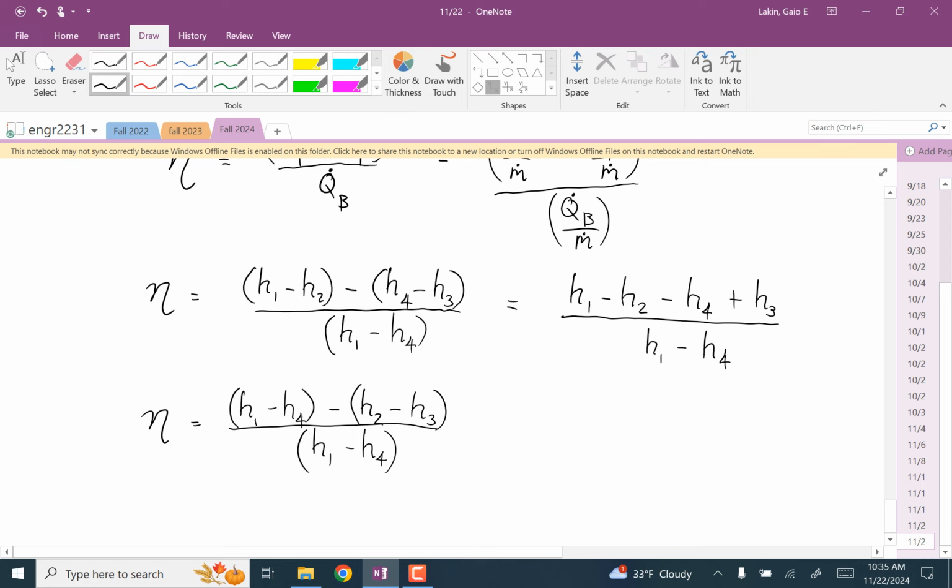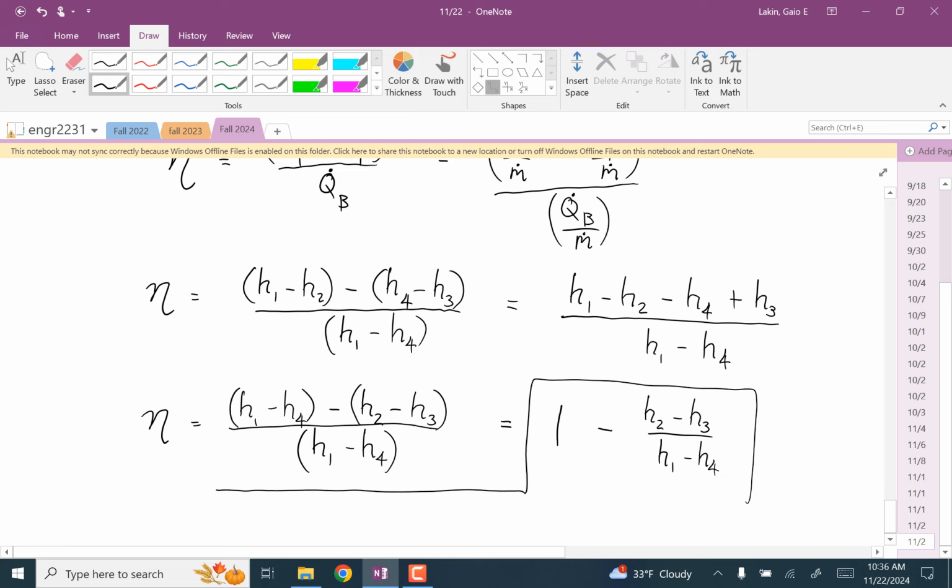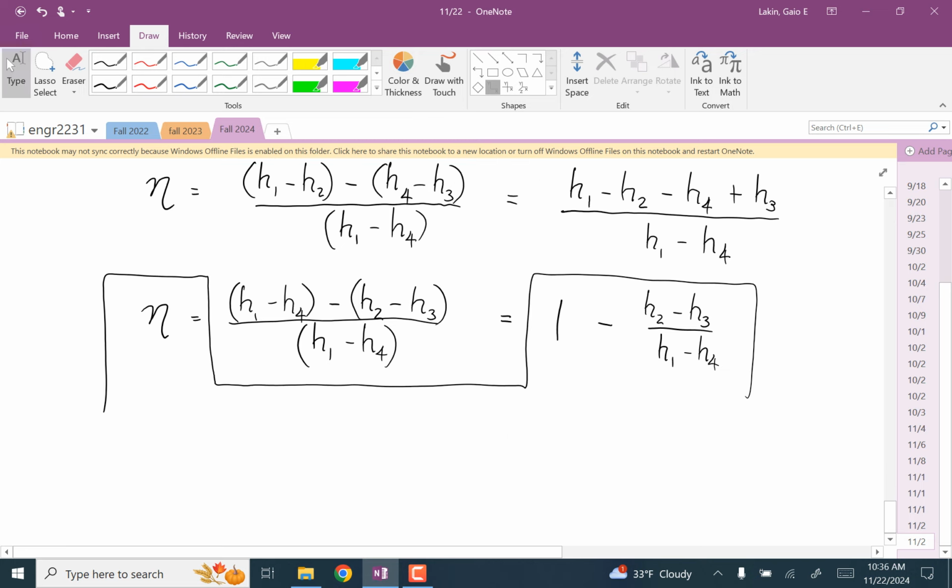And then in its final simplified form, h1 minus h4 over h1 minus h4 is 1, minus h2 minus h3 divided by h1 minus h4. And the numerator of this fraction and the denominator are both positive.